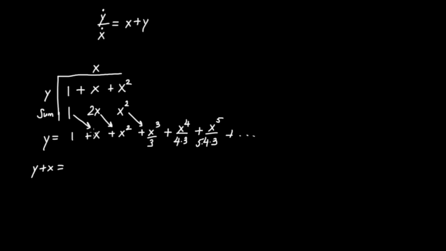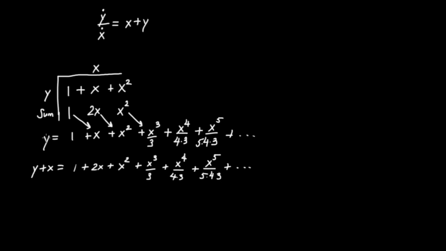When I add x, that's just going to boost that term by 1 unit. So I'm going to have 1 plus 2x plus x squared plus x to the 3rd over 3 plus x to the 4th over 4 times 3, plus x to the 5th over 5 times 4 times 3, and so on.